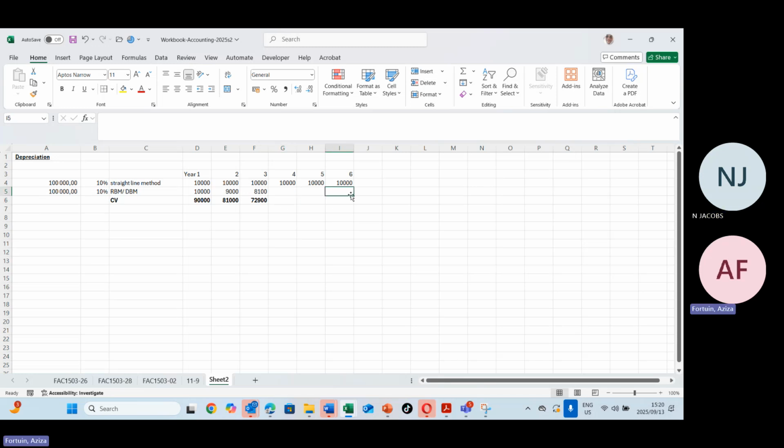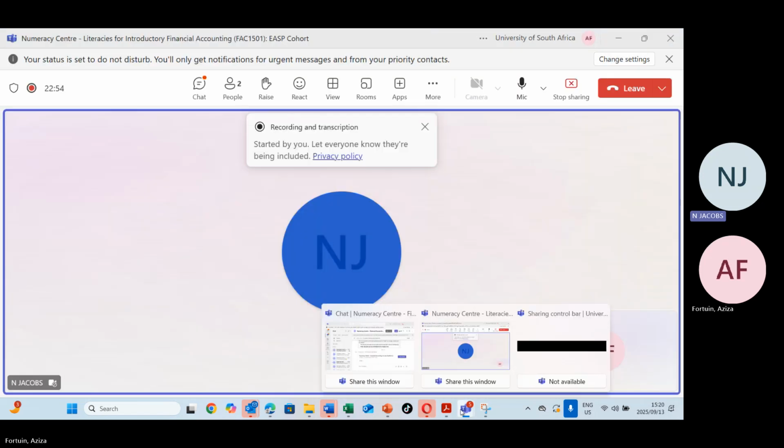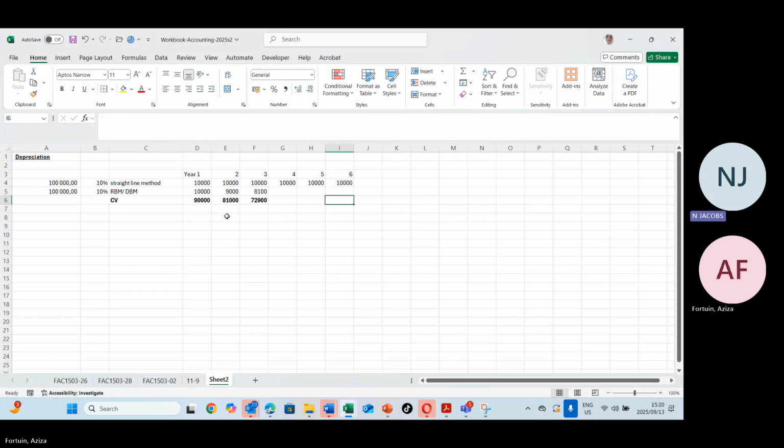And when you're done with it, then you tell me the answer. Wait. Can you just explain? You see, this is the one that I'm struggling with. The straight line, I understand it doesn't change, but the second one, that is the thing that's confusing me the most.